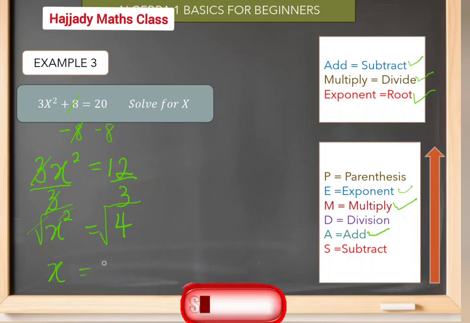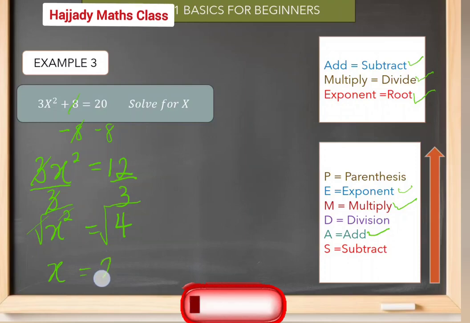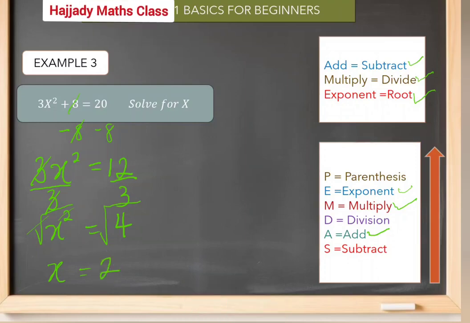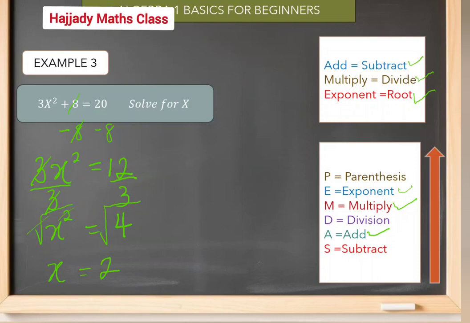The square root of 4 is 2. You can say plus or minus 2, but I'm working with a real positive value, which is 2. So this is the answer to this problem. If you look at this again, we used 3 operators: subtraction, division, and the roots.